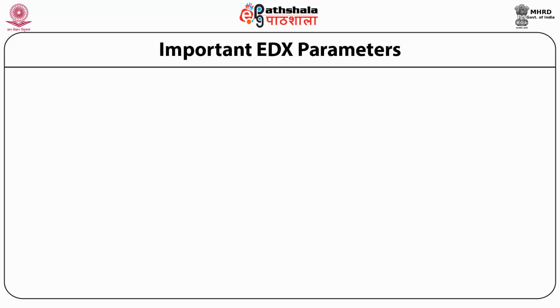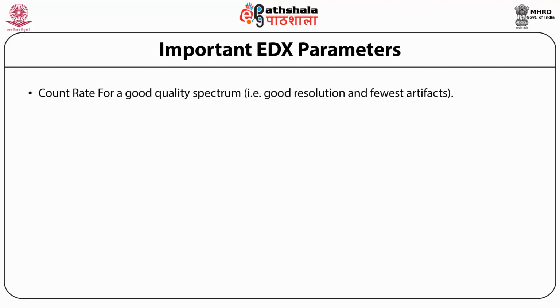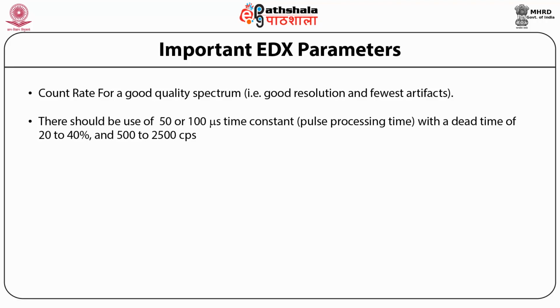The important EDX parameters are: number 1, the count rate. For a good quality spectrum, that is good resolution and fewest artifacts, there should be use of a 50 to 100 microsecond time constant, that is pulse processing time, with a dead time of 20 to 40% and 500 to 2500 CPS, counts per second.